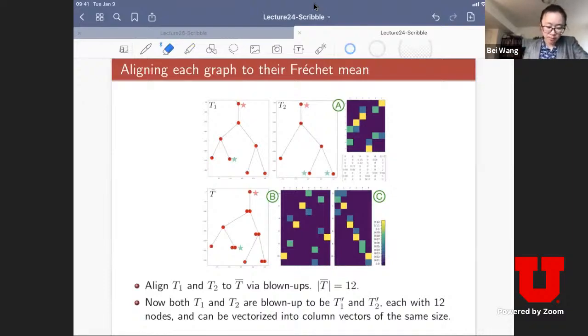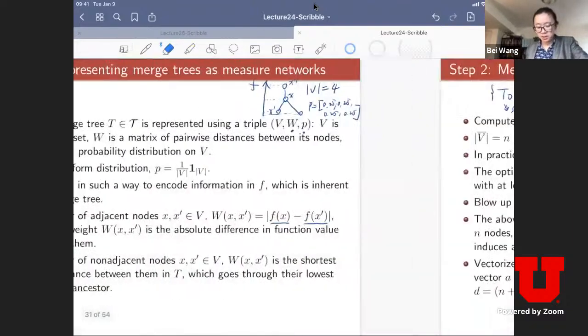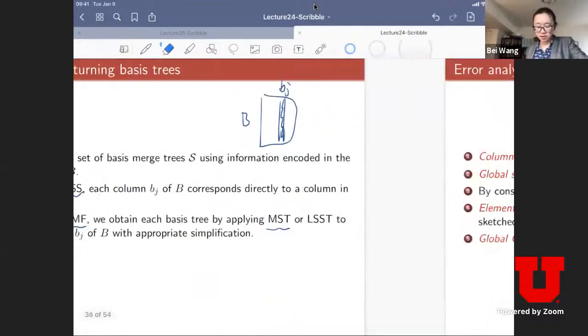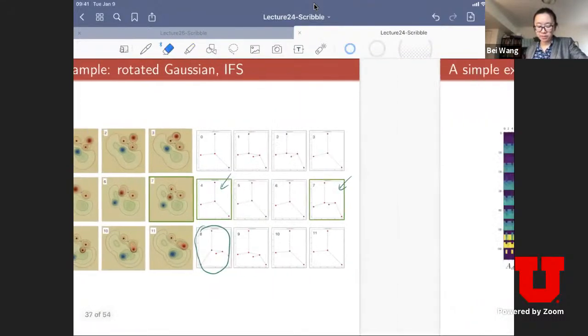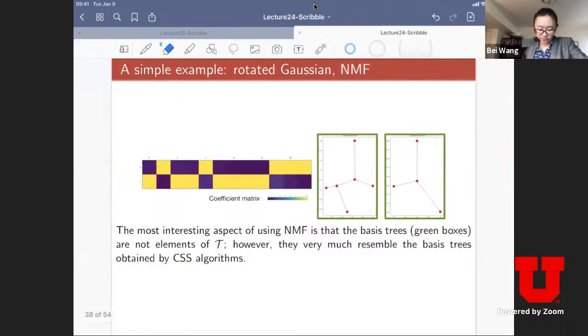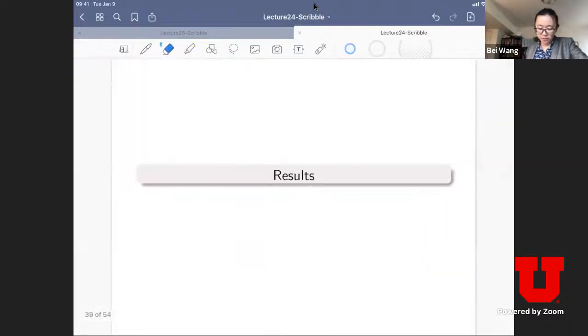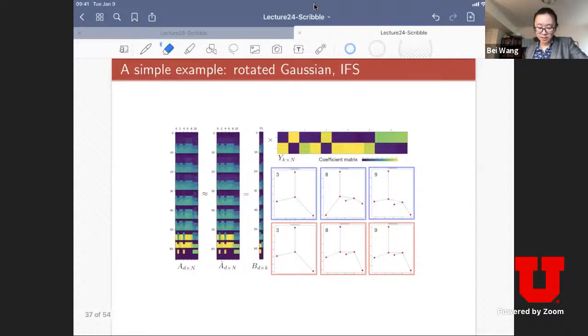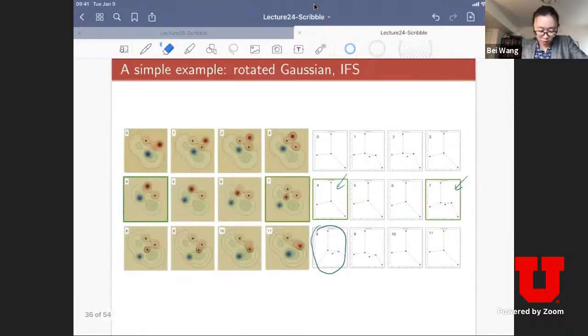Now let's look at some real-world examples. This all looks great in theory, but it actually takes quite a bit to engineer this, okay? I just want to emphasize for the rotated Gaussian example, if you choose corresponding columns, you will choose those two columns in this green box that capture the variability among the underlying data.